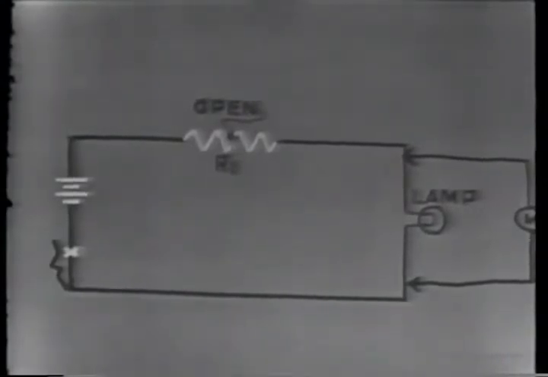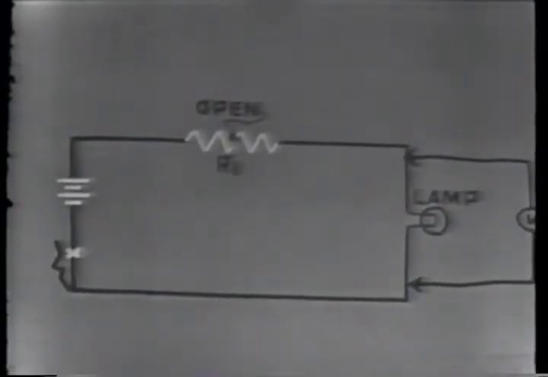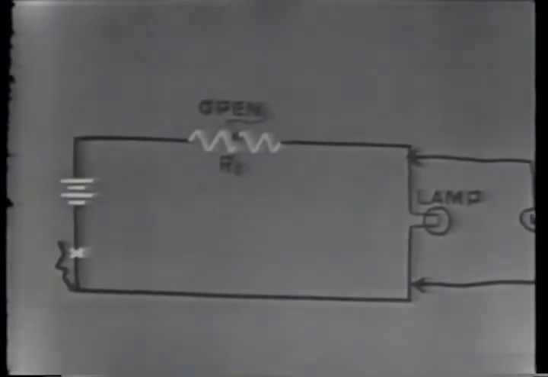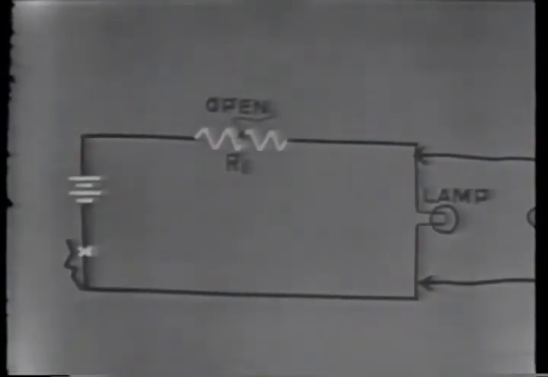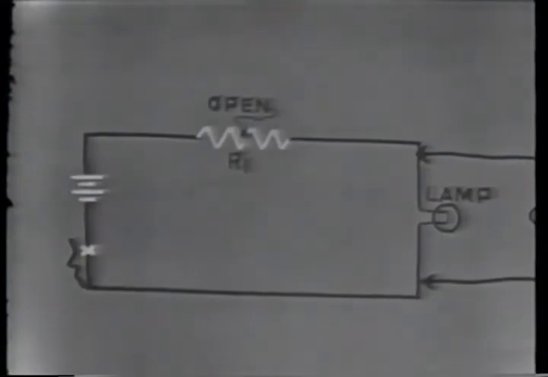Why? Because of the open resistor. This open will not allow any current flow, so there won't be any voltage dropped across the lamp. That's why it's not lit. So what you'll get across a good component that is in series with an open one is no voltage.